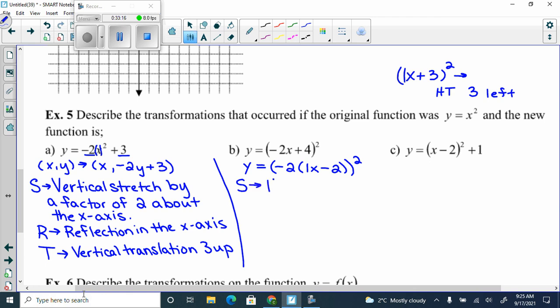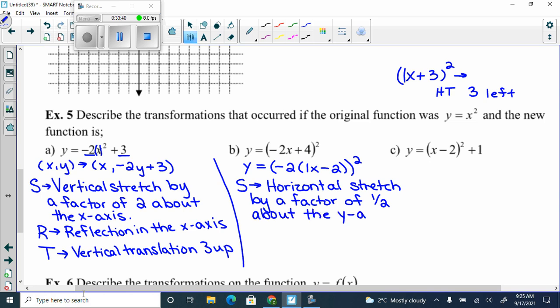So my stretch is a horizontal stretch by a factor of, what do I do with horizontal stretches always? Flip them, so it's going to be 1/2 about the opposite axis. So if it's horizontal, it's about the y-axis.